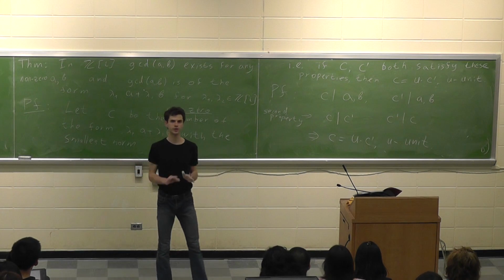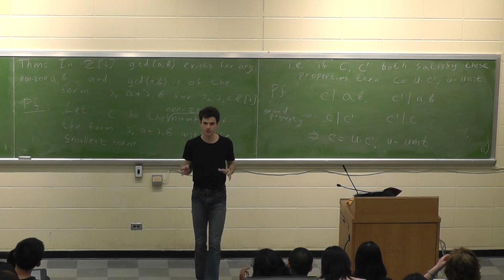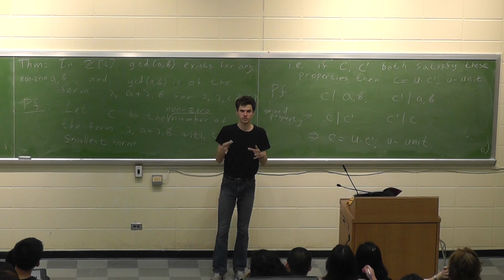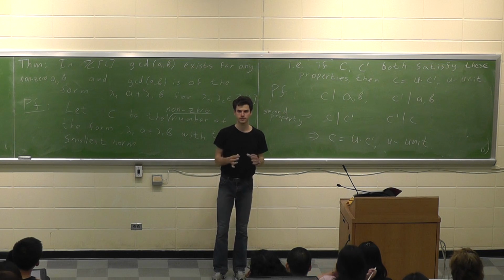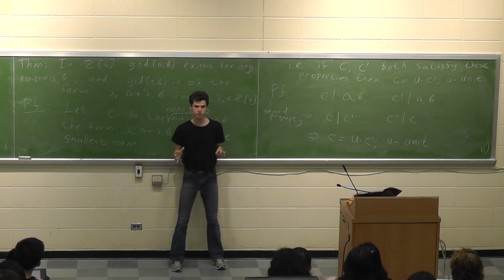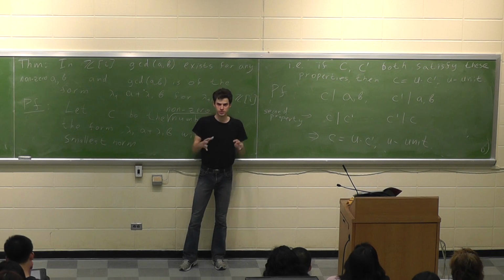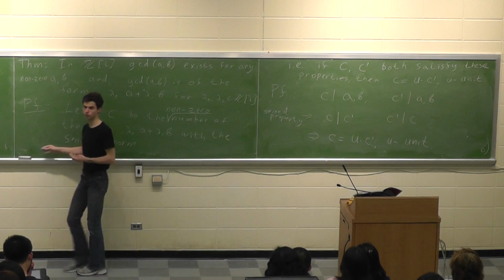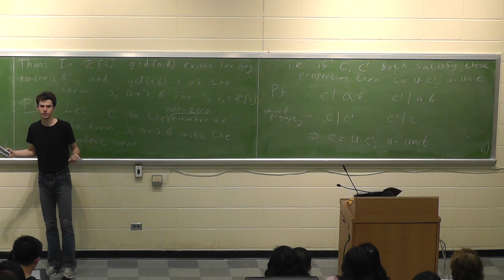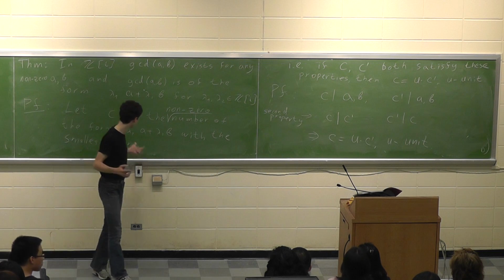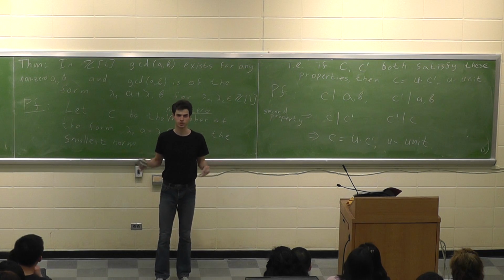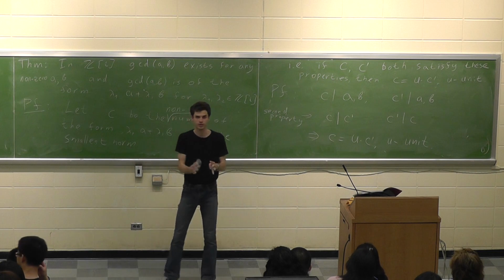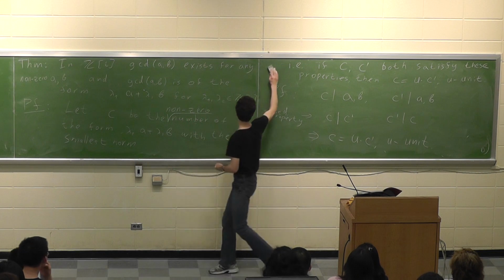I get a collection of numbers. Among these numbers, I choose a number with the smallest norm. It doesn't have to be unique, just one number whose norm is the smallest. Norm is an integer, in fact a natural number. In every collection of natural numbers, I can always find the smallest one.